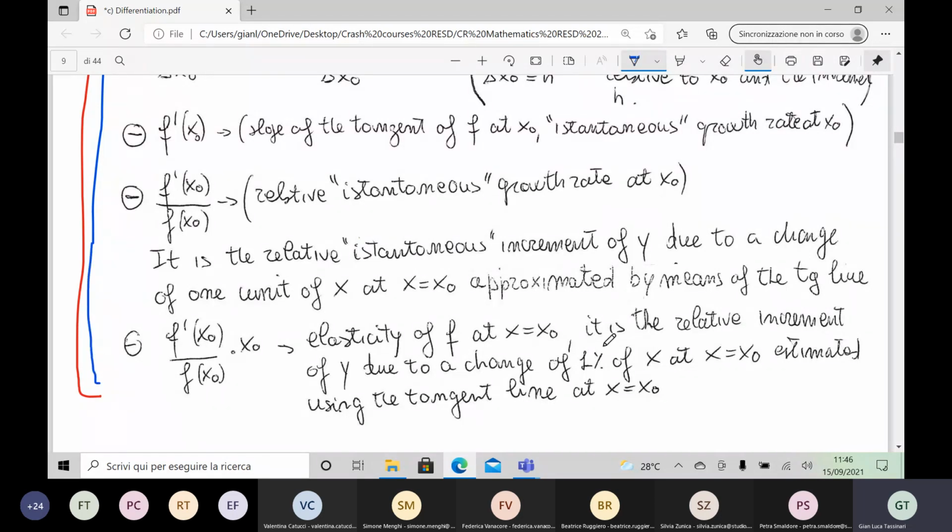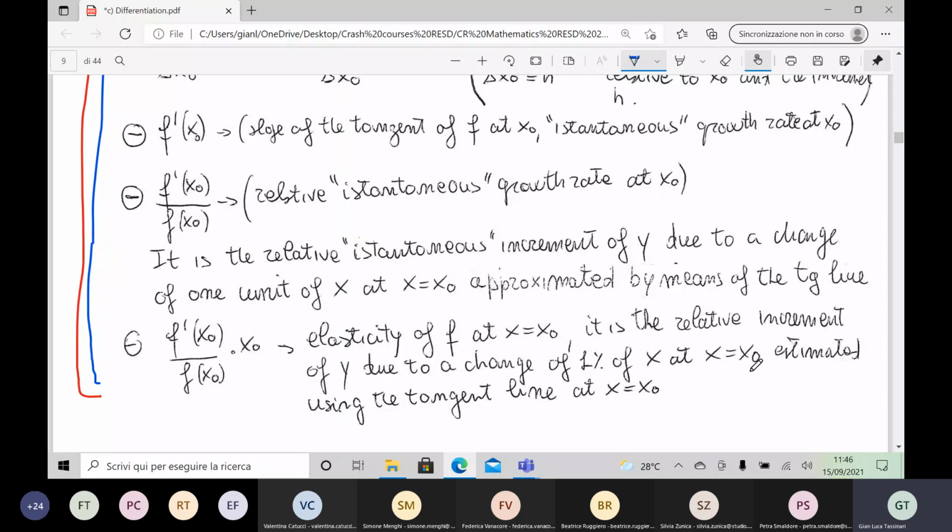It is the relative increment of y, that is of your function, due to a change of 1%, so it's different, due to a change of 1% of x at x equal to x0, estimated again using the tangent line to the graph of your function.